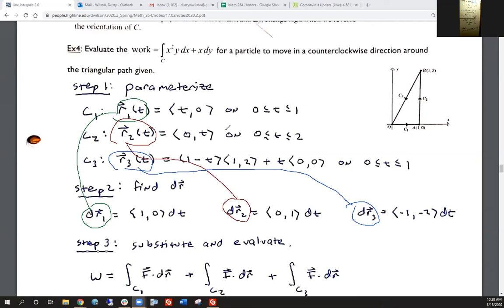And each of these in turn will turn into its own work integral. So it's not difficult, you just have to keep everything straight. Questions about how we would go from those parameterizations to the differential elements to the individual work integrals?